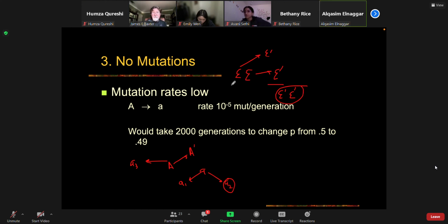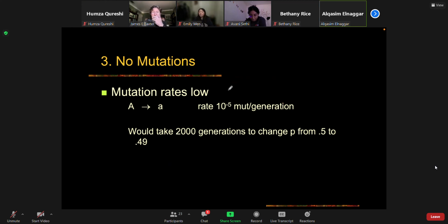Can I maybe ask in a different way? If I have a gamete and one of the mutations creates an A prime that's dominant, and then through reproduction the other parent transfers the same gene locus, but it's not A prime, it's A, but it's still dominant, and now the offspring has two dominant alleles.